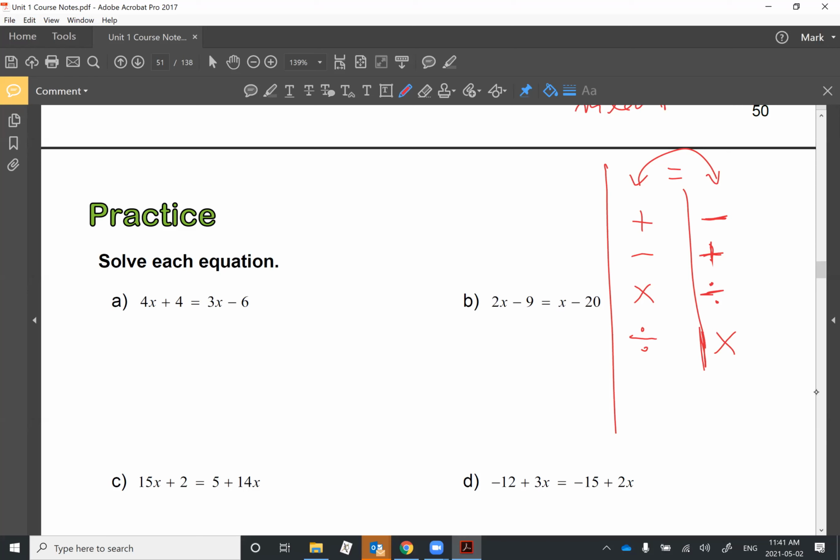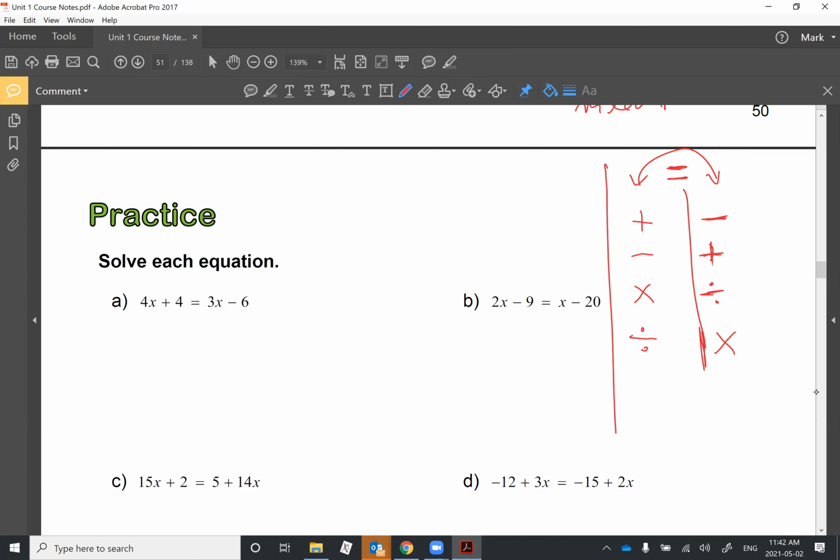This is kind of how I used to do this when I was a young kid doing algebra, trying to remember, okay, I need to move this, move this, move that. It always turns into the opposite if it crosses an equal sign. So again, I'll say it one more time. Positive numbers turn negative. Negative numbers turn positive. Multiplied numbers become division. And divided numbers, we'll talk about that in the next section, become multiplied.